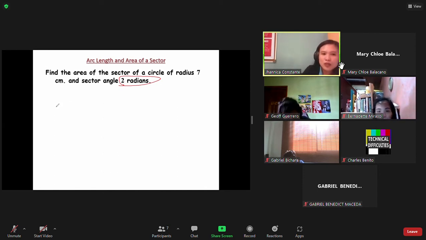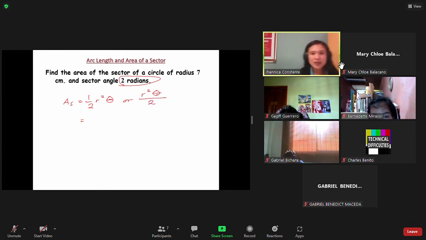Okay. So using the second formula in finding the area of a sector, we have area of a sector is equal to 1/2 r squared times the central angle. So 1/2, or we can write the formula into r squared angle divided by 2. It's the same as 1/2 r squared angle, or r squared times angle divided by 2. It's the same. So we're going to use r squared times the angle divided by 2.